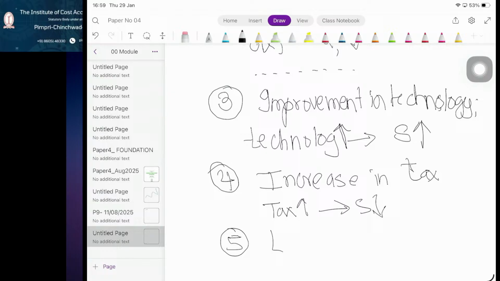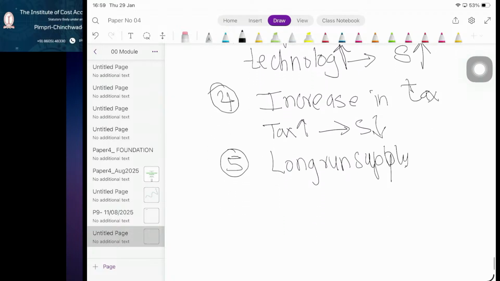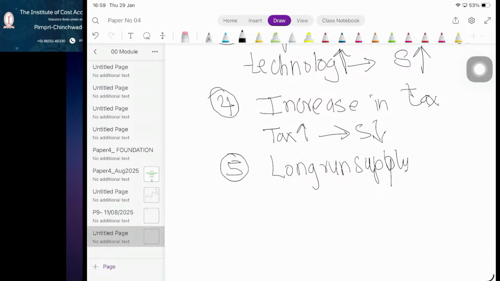So long run, or with time, supply will increase.